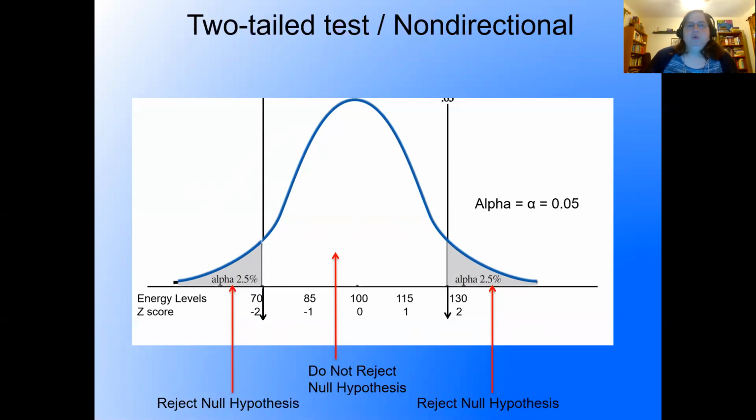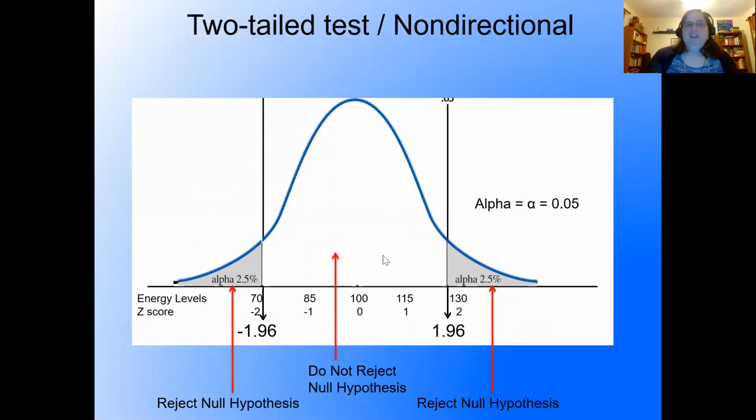So why don't we always do this? I'll tell you why. Because now, as opposed to hitting 1.64, we have to hit 1.96. We have to get beyond 1.96 to get into this gray area, and we have to get beyond negative 1.96 to get into this gray area. That's what our z-score has to be.